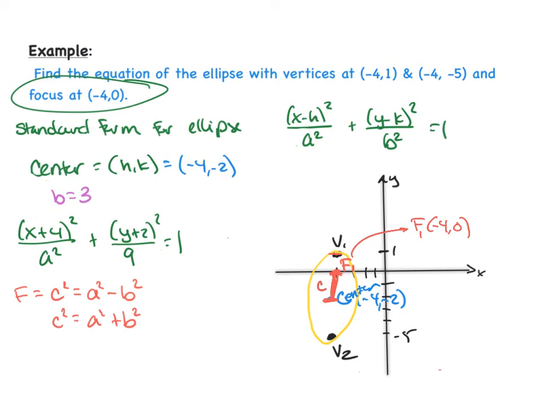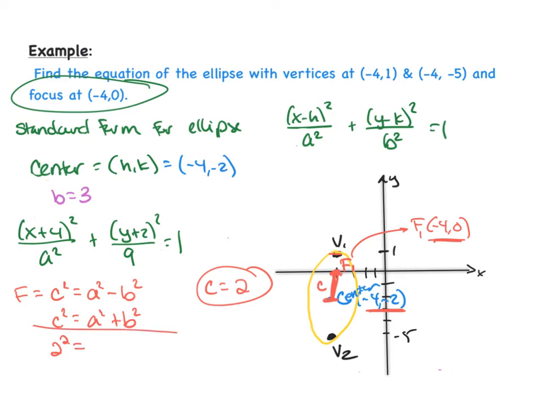So we know that that is, if we're going from -4, -2 to -4, 0, you can do the distance formula all over again, or you can just count. It's 1, 2 units up because the x's don't change and the y's are going -2 to 0. So our c is clearly 2. So then I can plug this in.